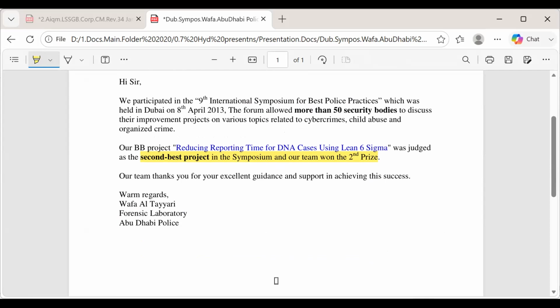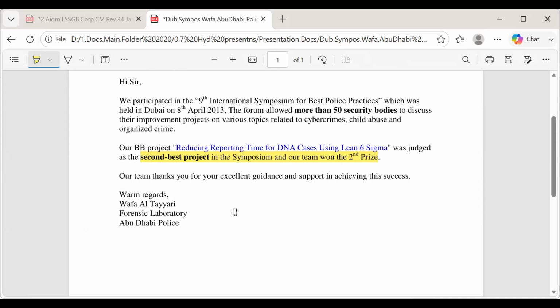So this was regarding the time taken to send the report to the respective police station after the crime. Earlier this used to take about 30 days for the report to reach. And as per the law there, till the report is received, the person was not granted bail.